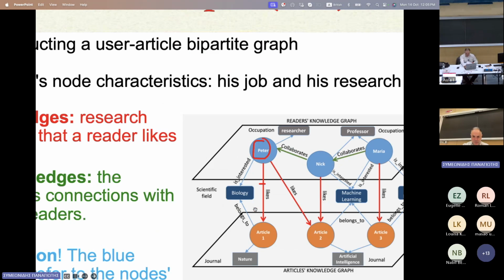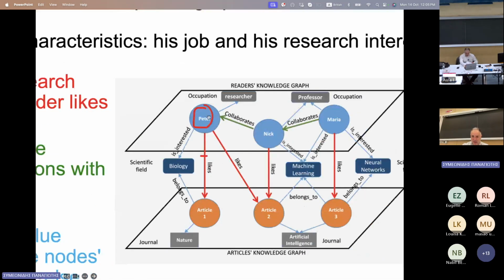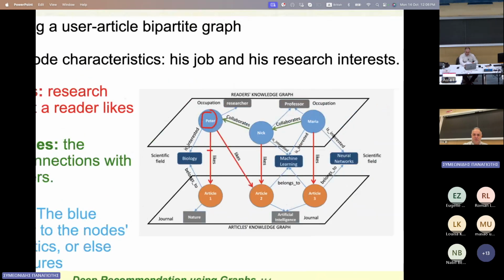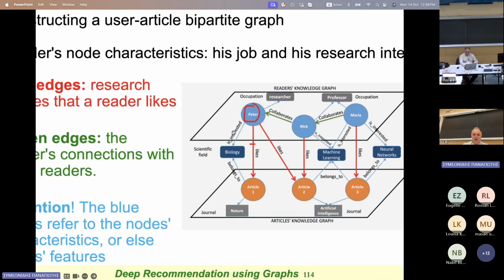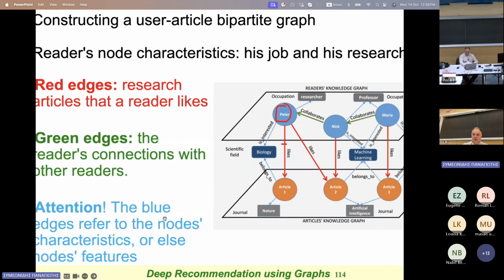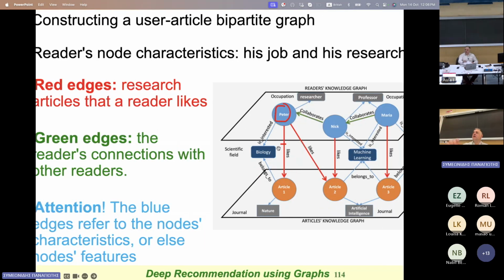Okay, he likes article 1. Peter likes article 1, likes article 2. We have the green edges, which is the collaboration of these scientists, let's say. And we have also the blue edges, which are the features of the nodes. Okay, so these blue edges is just the node features, as we discussed, for which we use this H variable, okay, in the notation.